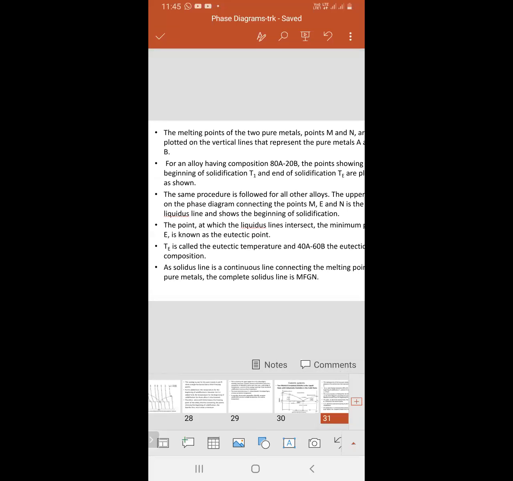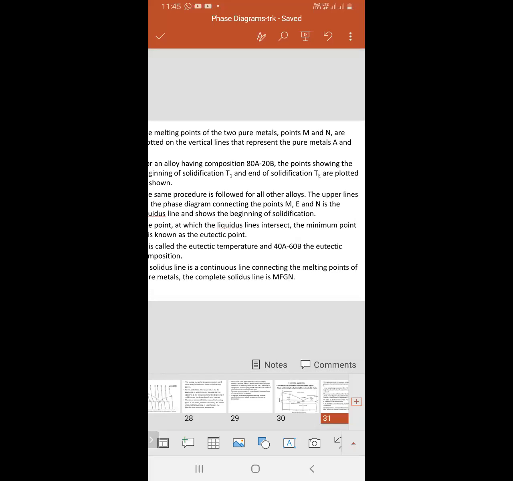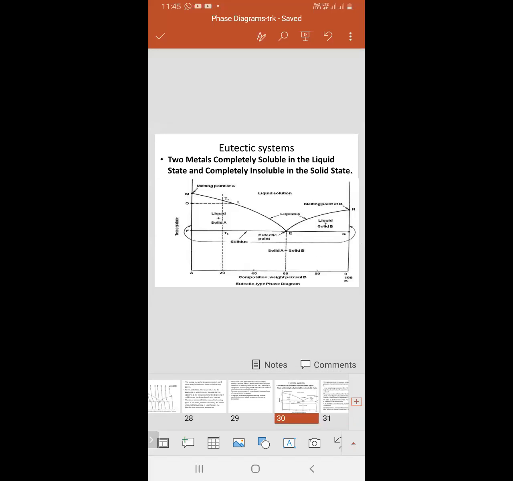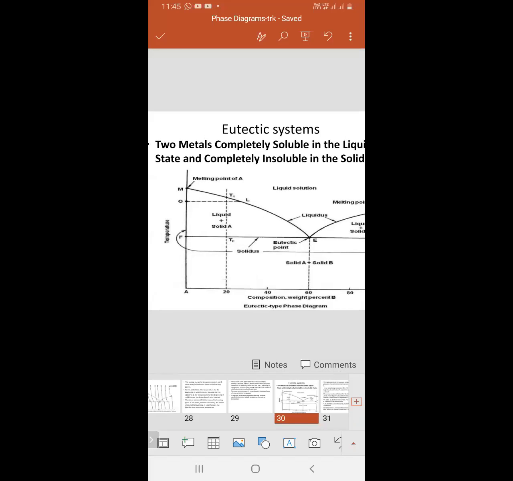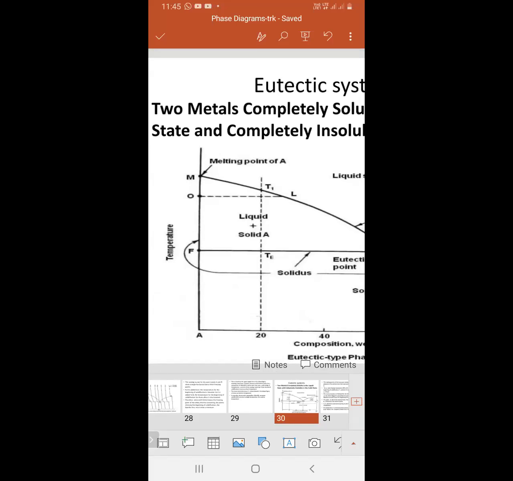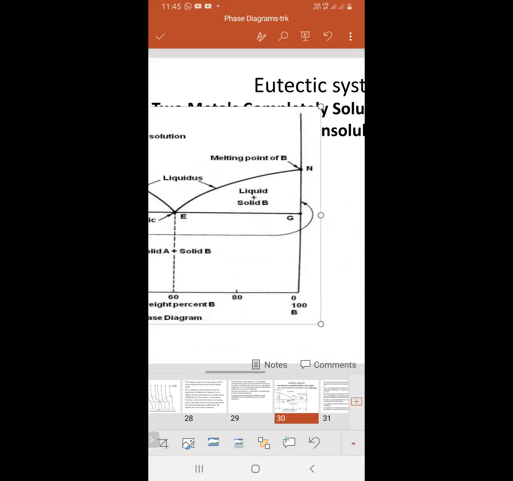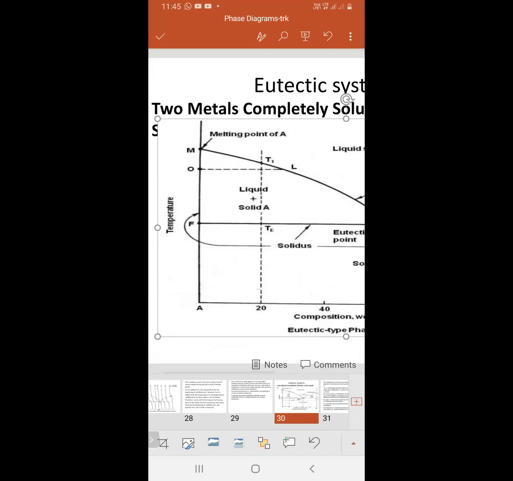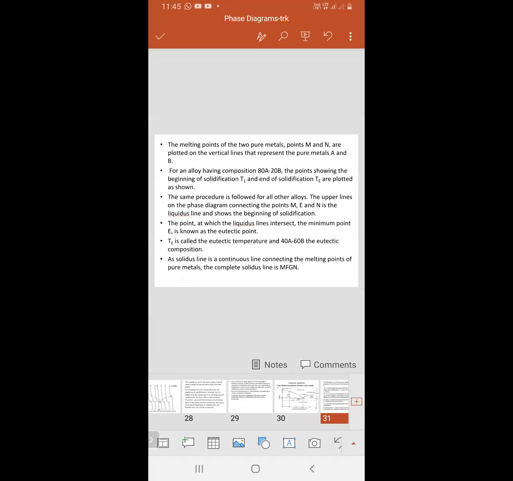The solidus line is a continuous line connecting the melting points of the pure metals, and the complete solidus line is M F G N. That is the solidification, that is the solidus line.